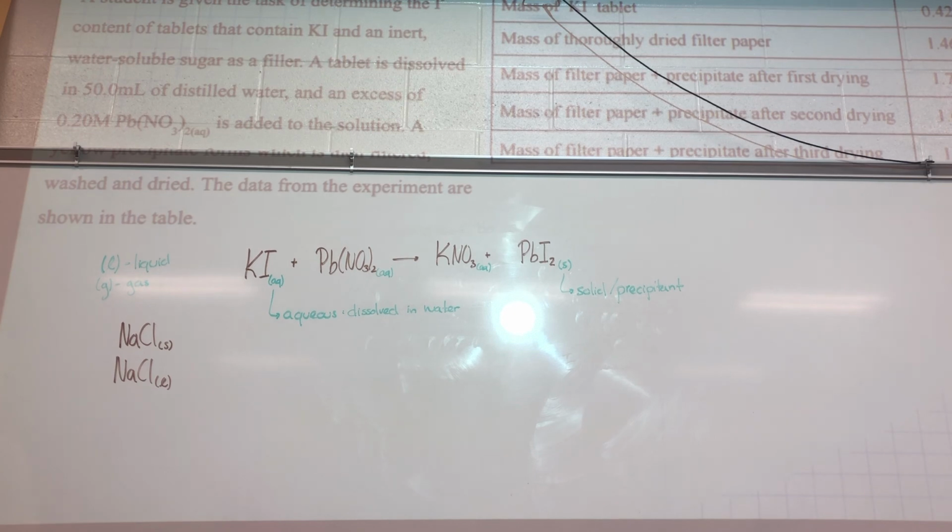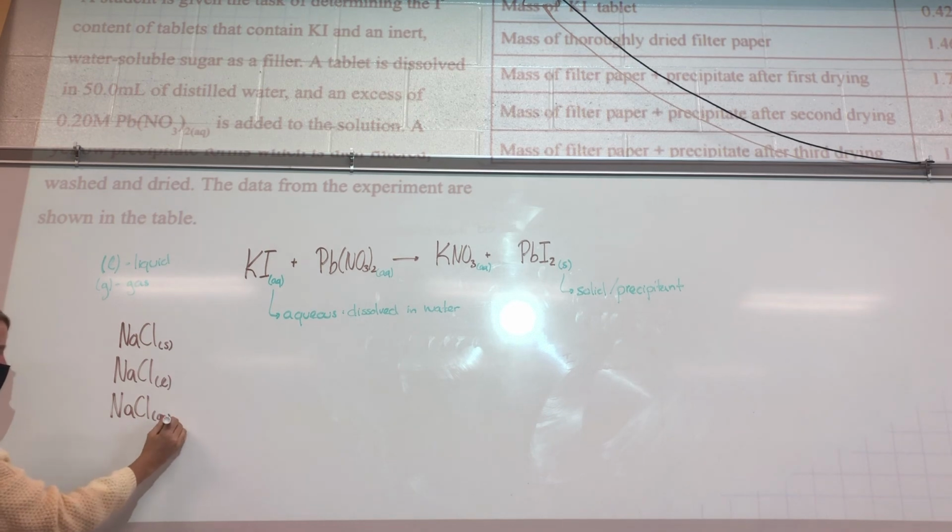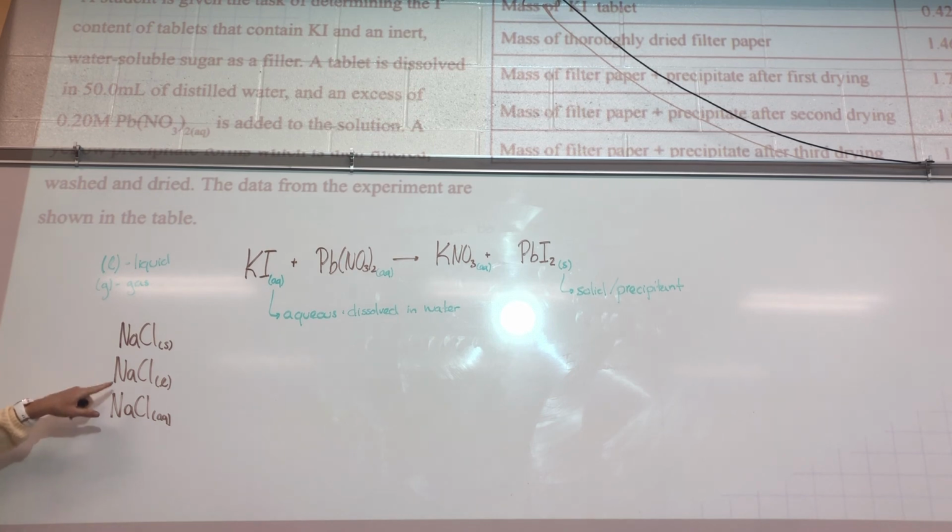That means I melted my salt and turned it into a liquid. Versus this, NaCl(aq), what does that mean? That means I'm using salt water in my experiment. The liquid would be extremely rare, because to melt salt, it has to be like 1,400 degrees or something like that.